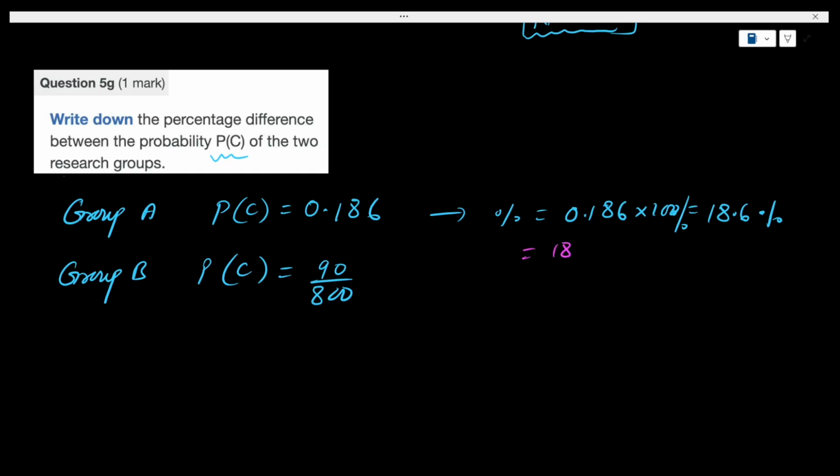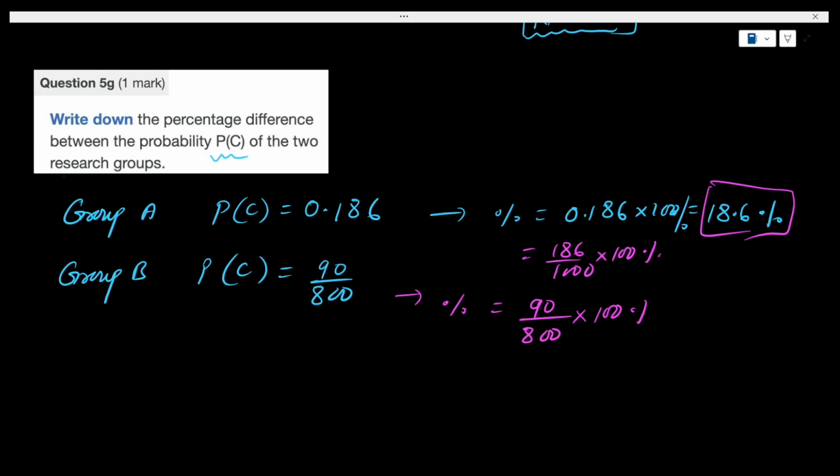You can convert this into 186 by 1000 times 100% also, and you will get the same value. So this is the percentage for group A. For group B, converting to percentage gives 90 by 800 times 100%. If I do it here, this is 90 by 8, which comes to 11.25, so 11.25 percent.